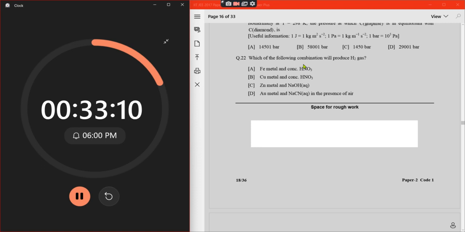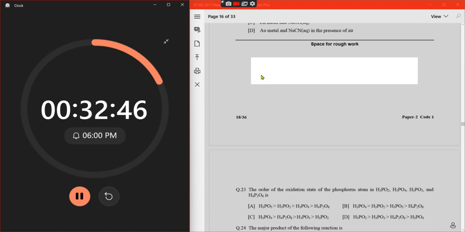NaCN in the presence of air, how does that produce H2? I don't get it. Iron metal, no, this does oxidize the iron metal, so A probably correct है. Cu metal, I think A और B है, मैं B जा रहा हूँ. I don't know correct है कि नहीं है, but who cares.